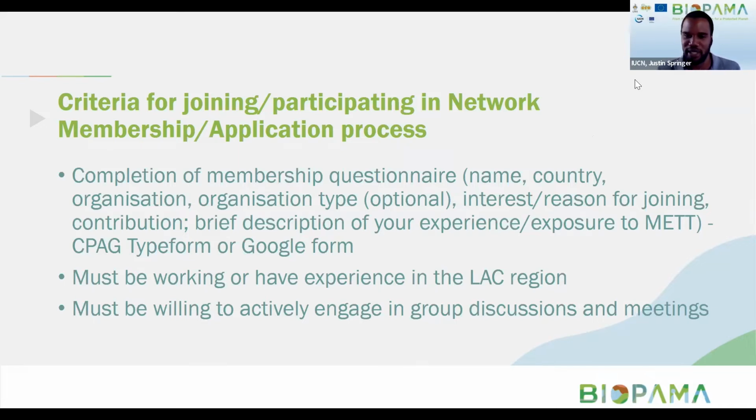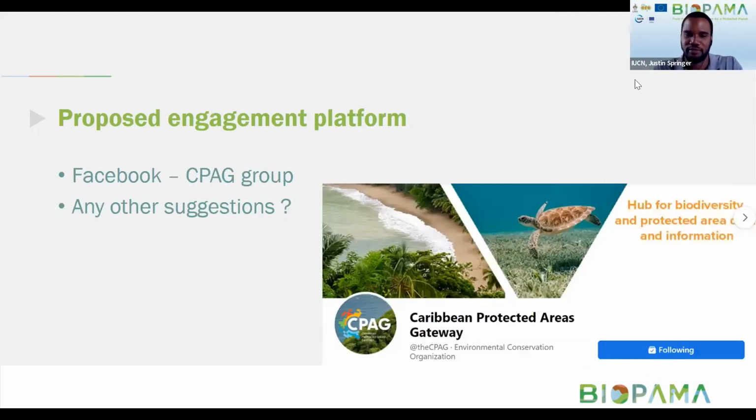But we hope that through this network, there will be active engagement where persons contribute to discussions, they participate in sessions, they attend meetings, and we can definitely see benefits through this network. And it's not just a figurehead or a body that is not functioning.